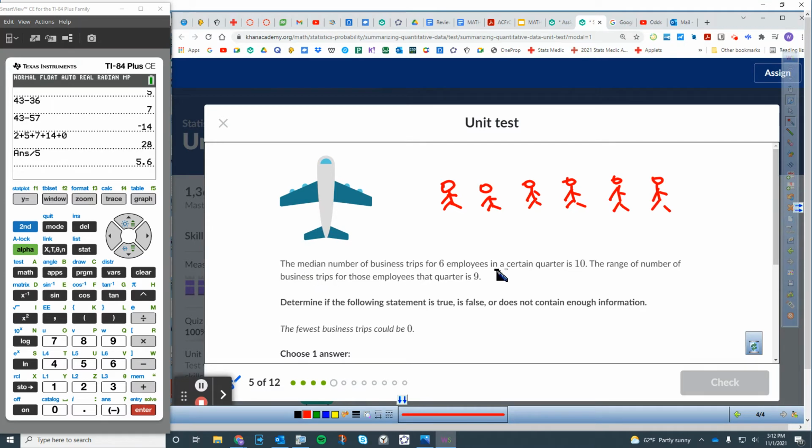And say the median is 10. So the middle number here is 10. We don't have any other data. We just know the median in the middle, because this could be 9, this could be 11, but it could be anything, right? We don't know. The range, however, the biggest minus the smallest is 9.